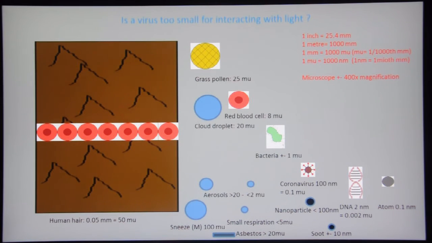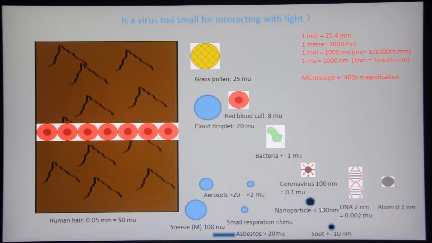Now these aerosols can contain virus, because if you sneeze, for example, the bigger droplets can be 100 micron or 1/10 of a millimeter, and these thick droplets, they quickly fall to the ground or a table, where they're still dangerous because then they become fomites, and if you touch them you can put the virus in your eye or whatever. But the small ones, smaller than 5 micron, they tend to stay afloat in the air for up to hours, and you can also easily inhale them into your lungs.